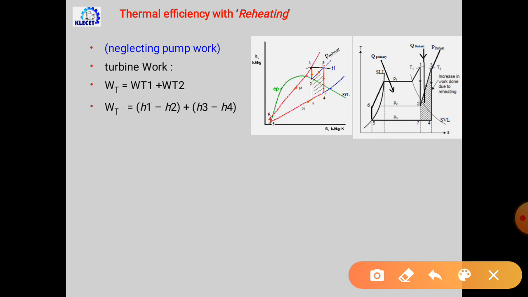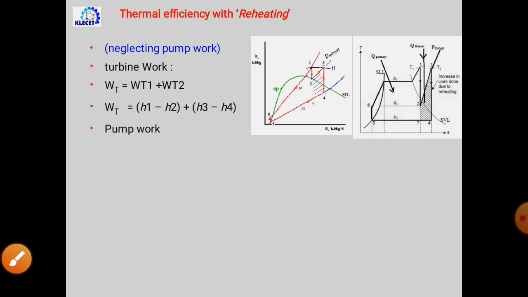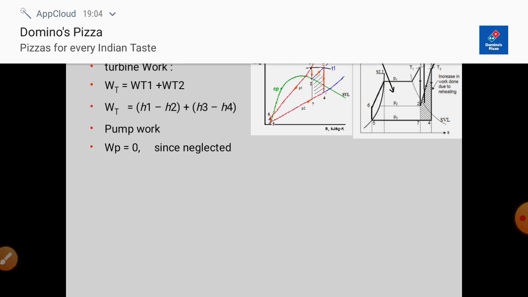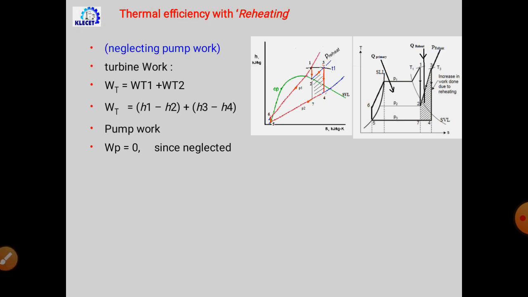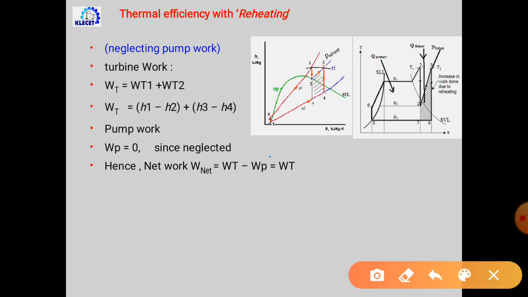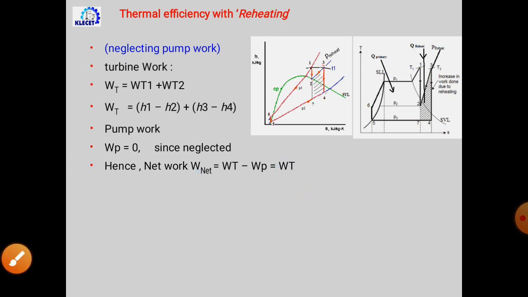Then WT2 is H3 minus H4, where H3 is the enthalpy at the inlet of stage 2 and H4 is the enthalpy at the outlet of the stage 2 turbine. Next we have pump work. We are neglecting it, that is, WP is equal to 0 as it is negligible. Hence net work is the sum of turbine work and pump work, but finally it is WT only, as WP is 0.